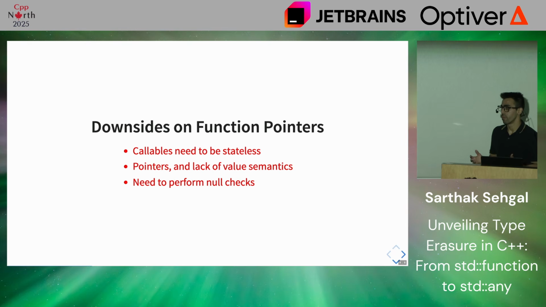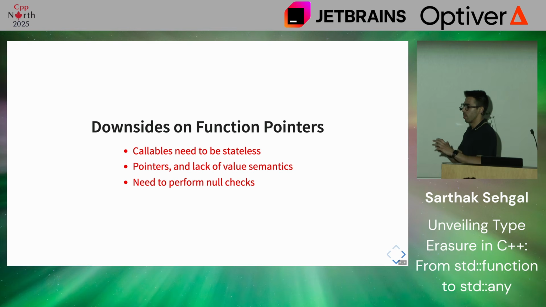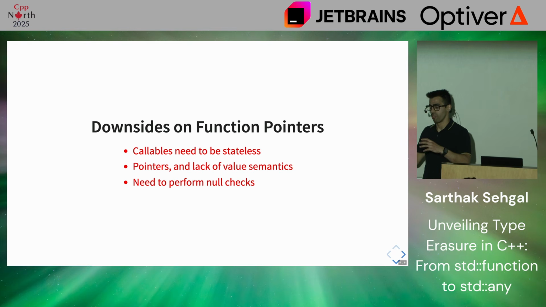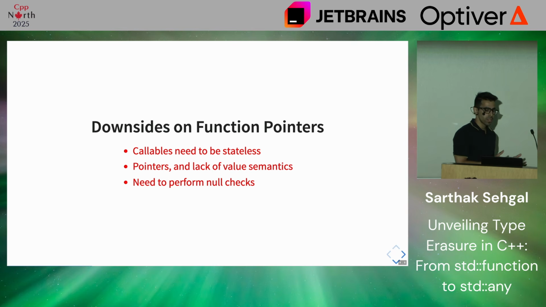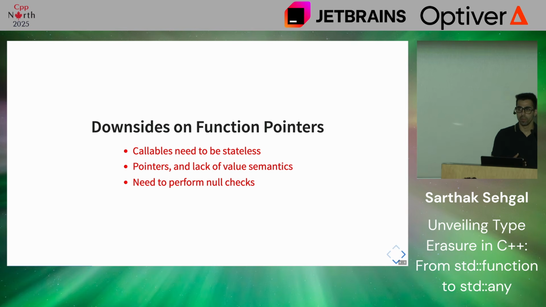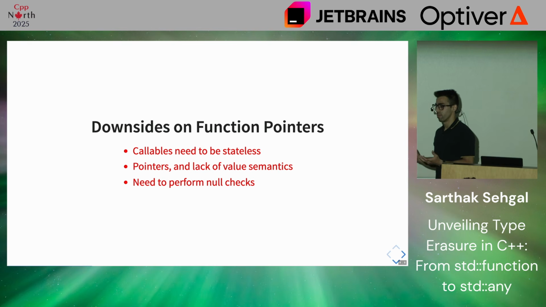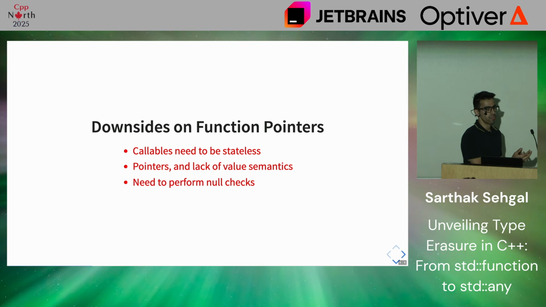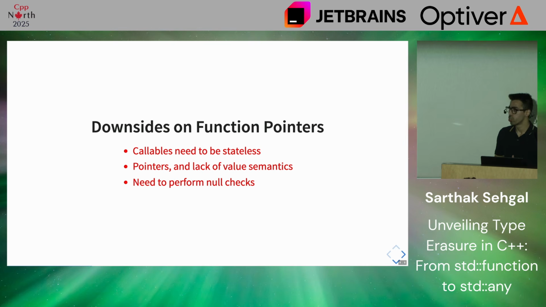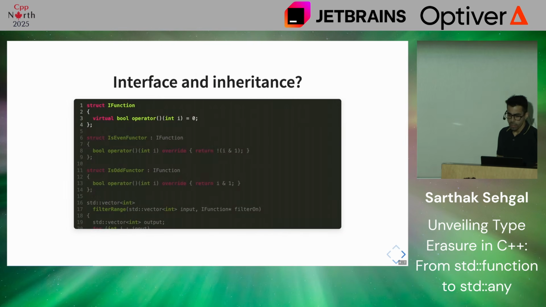With interfaces, there are different implementations, like different derived classes, which share a common interface and can be referred to using a pointer to the base class. It sounds like this is something similar to what we want to achieve. There are different implementations which share a common interface, and we should be able to refer to them by a concrete type, which could be a pointer to the base class. So let's try using interfaces here.